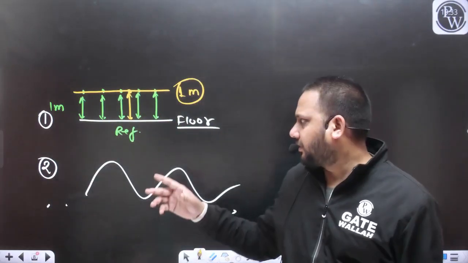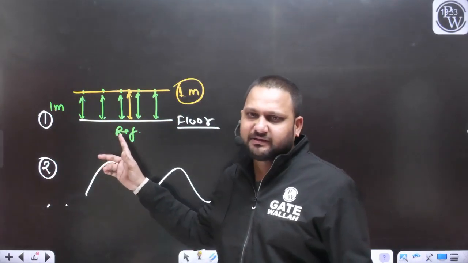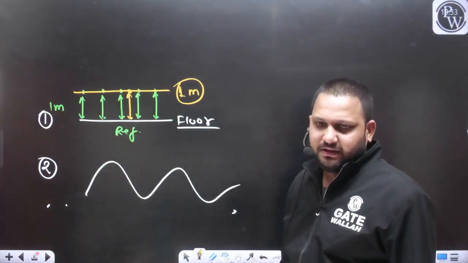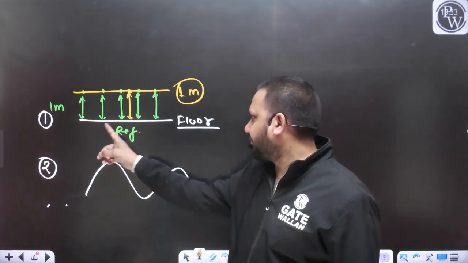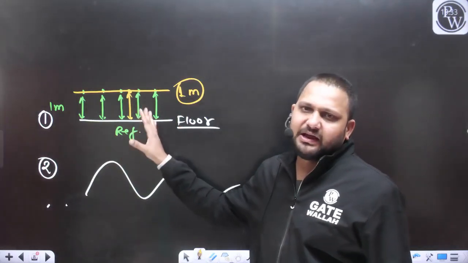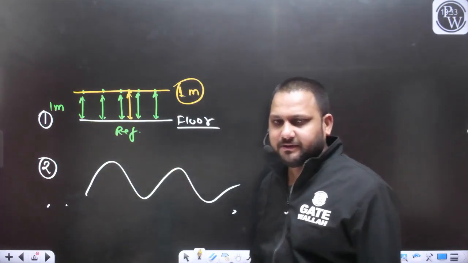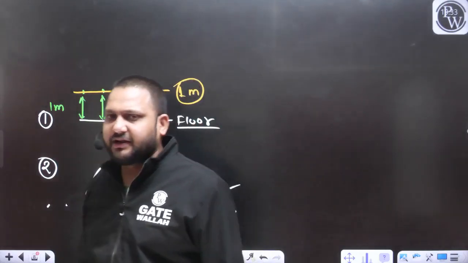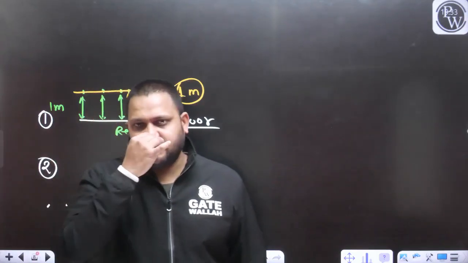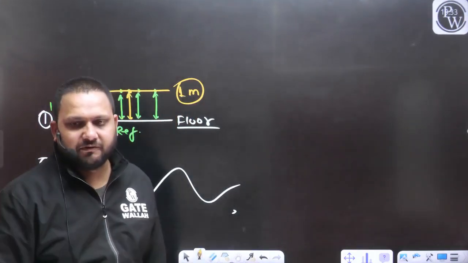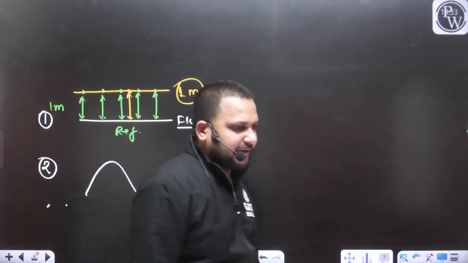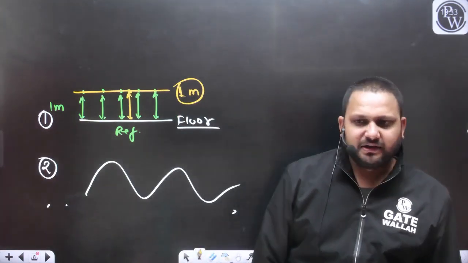Here we have not assumed the reference as the mean sea level; we have assumed the reference as the floor. That's why I am using the term elevation. If I consider the reference as the mean sea level, I will use the term reduced level. So all the basic concepts of leveling are still valid.